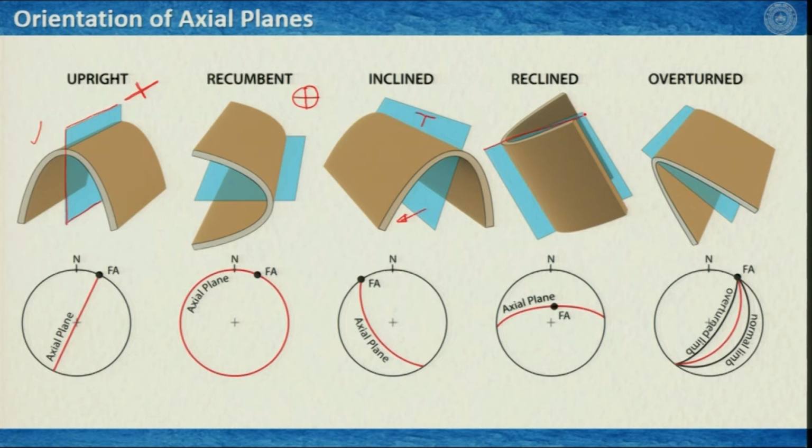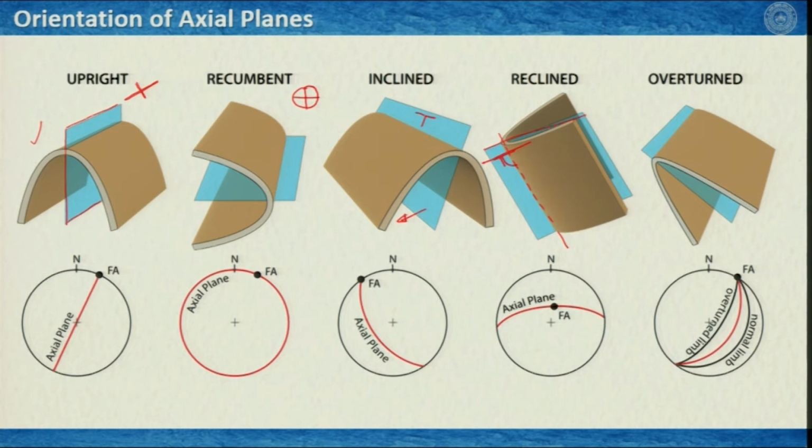So, if this is the axial plane, then you can consider the strike could be something like that, and this is the dip. Now, the fold axis is like this. So, the pitch of the fold axis with the strike of this bed is at a high angle, and therefore, we term it a reclined fold.